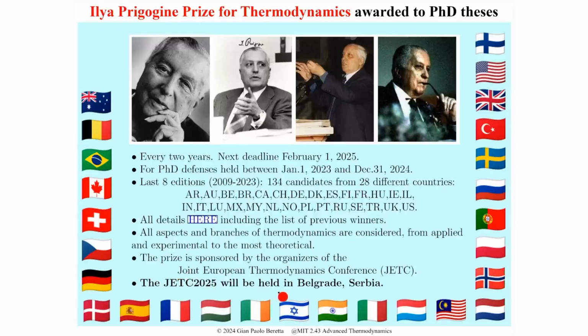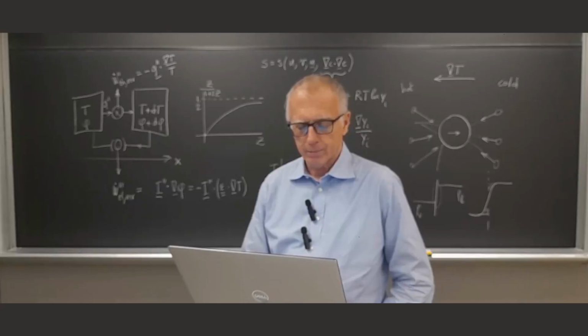And the next one will be in Belgrade in Serbia next year in May or June. The date has not been decided yet. As soon as it is out, I'll put in a link here so that you can see what it is about.